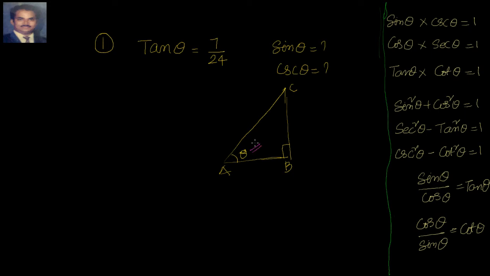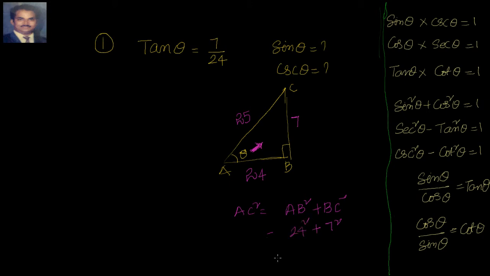I'm looking in this direction, my opposite side is 7 and adjacent side is 24. Simplifying, the hypotenuse becomes 25. You can do that: AC square is equal to AB square plus BC square, that's nothing but 7 square plus 24 square.